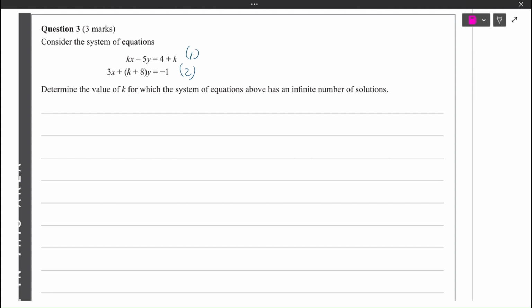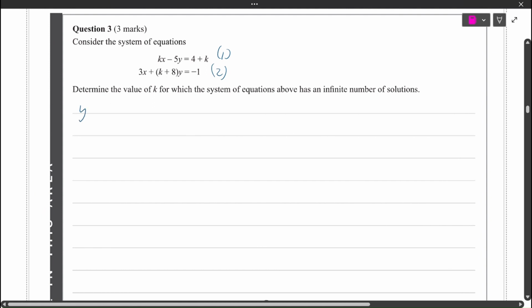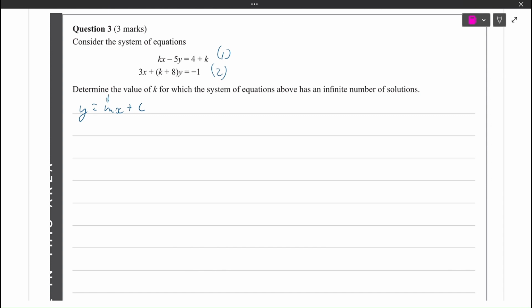So the first thing we have to do is arrange both of them into y equals mx plus c, and we have to make their gradients the same, and then their c value the same. So we have kx minus 5y equals 4 plus k.